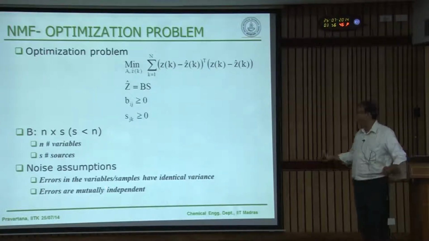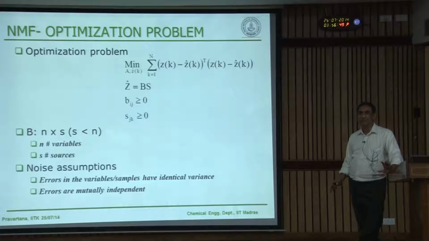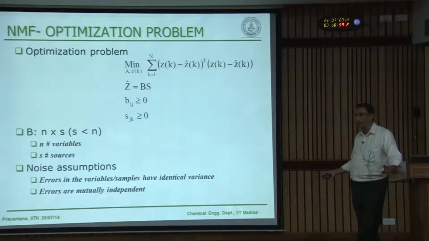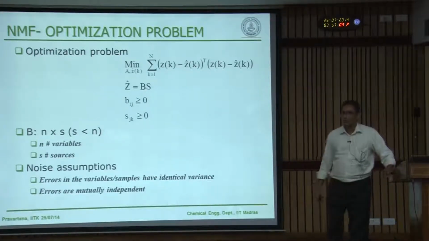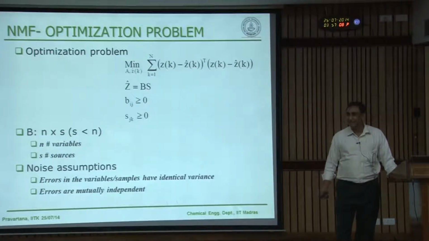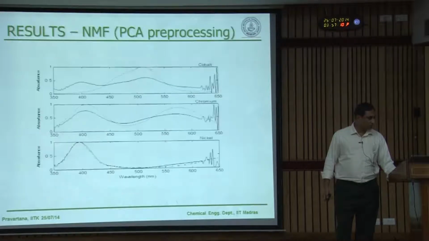Again, NMF was developed for the deterministic case without worrying about the noise assumption, but typically you can show that the way it's set up, it assumes that errors in all variable samples have identical variance, and errors are mutually independent. Otherwise, you can't show that this function has a likelihood, it's not a likelihood estimate. So it basically makes the same assumption about the noise as PCA has done and solves the problem.